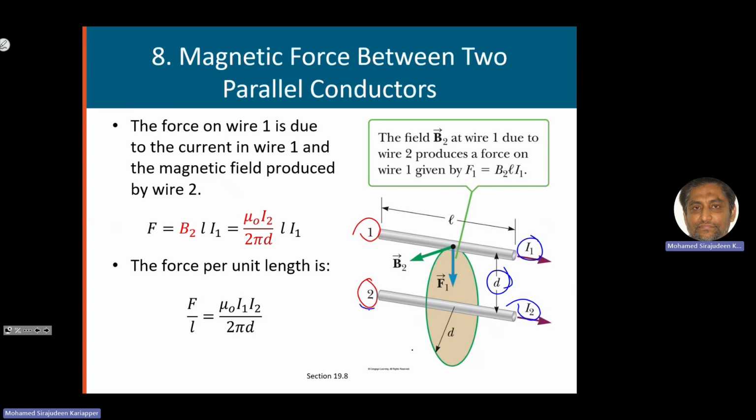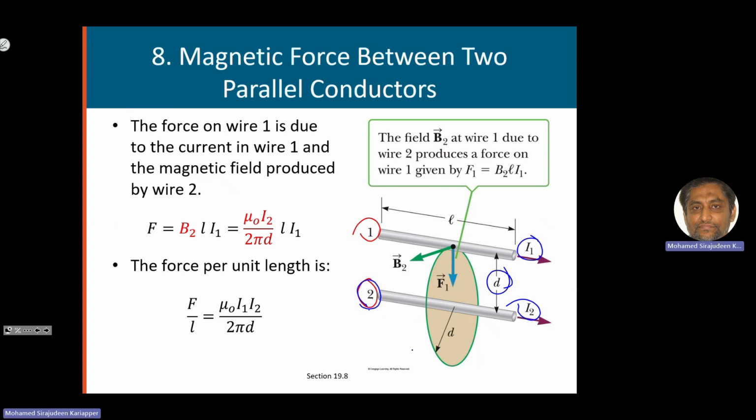So for wire number 2, we now know that a wire carrying a current is like a magnet. It will have its own magnetic field. So wire number 2 is like a magnet for wire number 1.